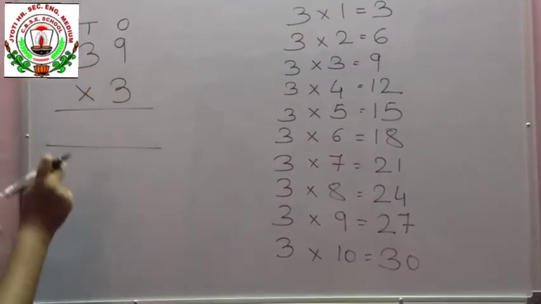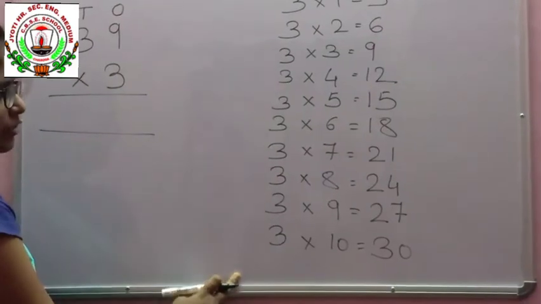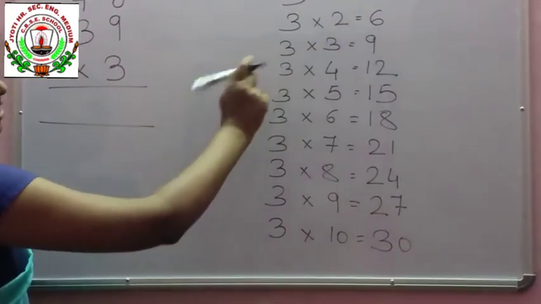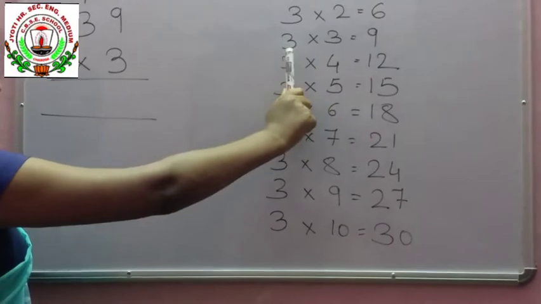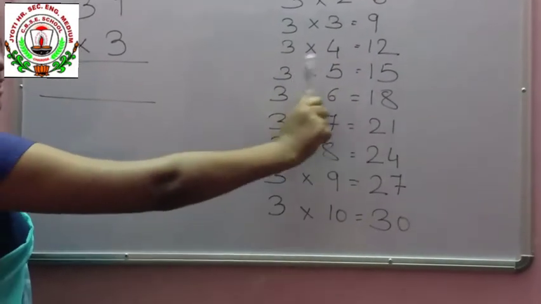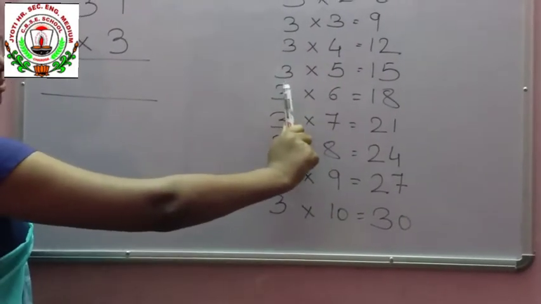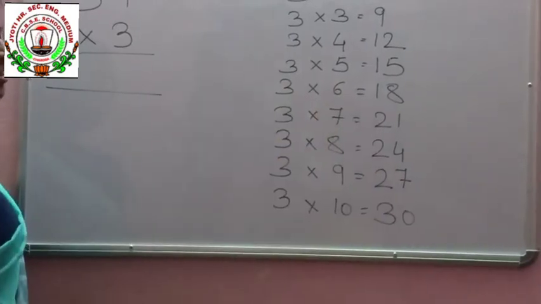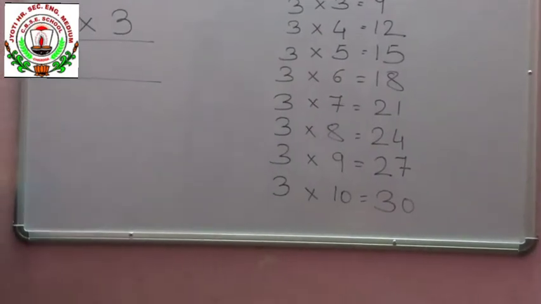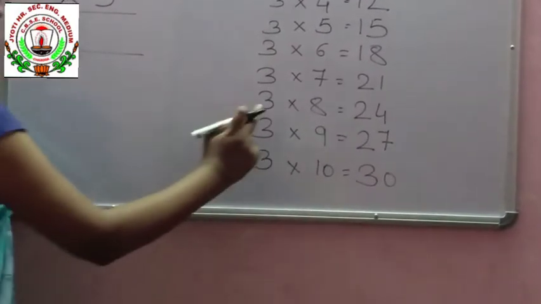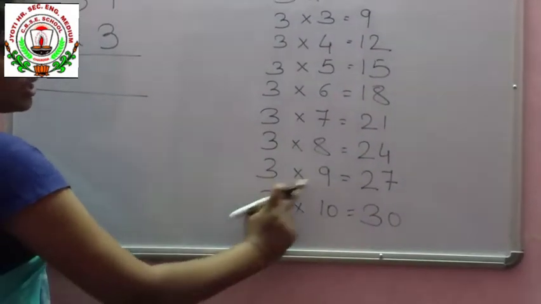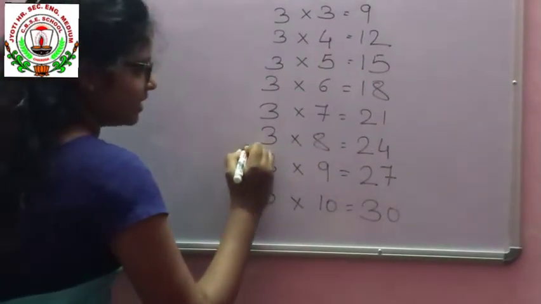3 nines are... Here I have written the table of 3. 3 ones are 3. 3 twos are 6. 3 threes are 9. 3 fours are 12. 3 fives are 15. 3 sixes are 18. 3 sevens are 21. 3 eights are 24. 3 nines are 27.